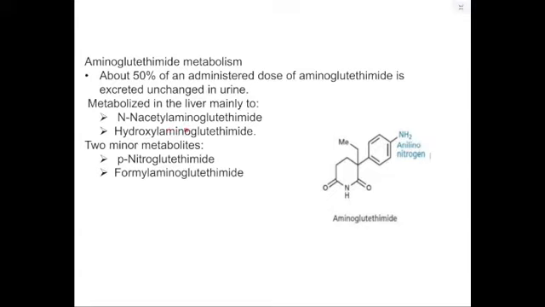N-acetyl aminoglutethimide. N-acetyl, which means this group can undergo acetylation. That means our aniline nitrogen undergoes acetylation, and if that happens, you get N-acetyl aminoglutethimide.